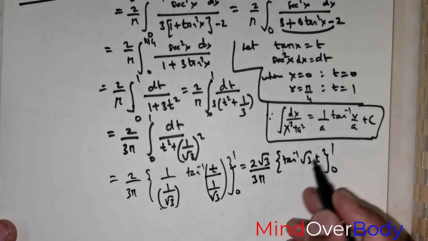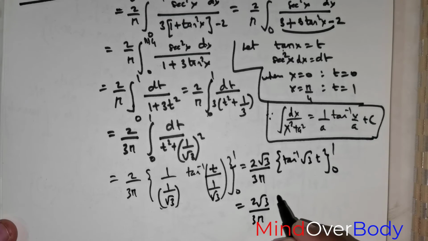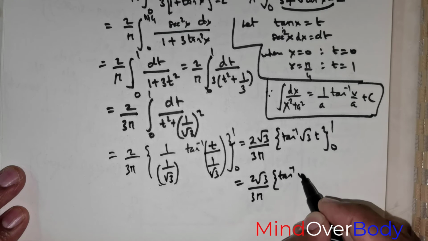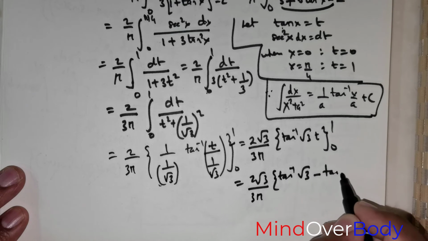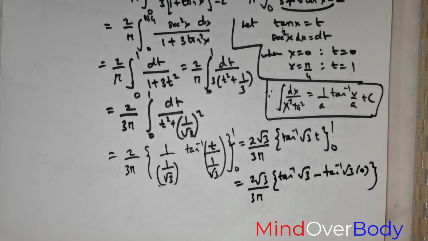I substitute the upper limit minus the lower limit, so this is going to be 2 times root 3 divided by 3 pi. When I substitute the upper limit, I get tan inverse of root 3, minus tan inverse of root 3 times 0. So this one goes off.